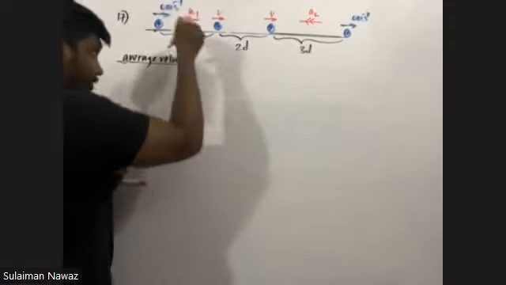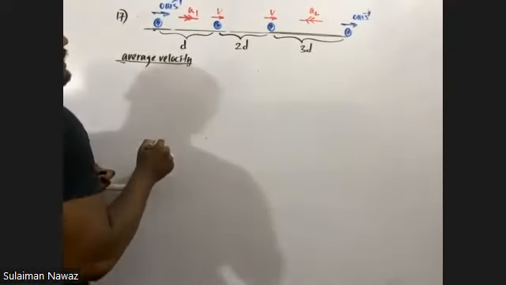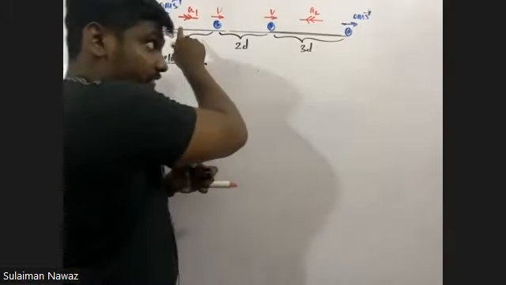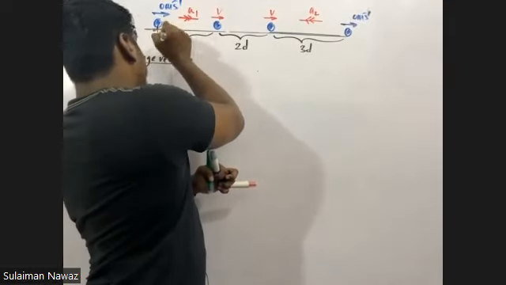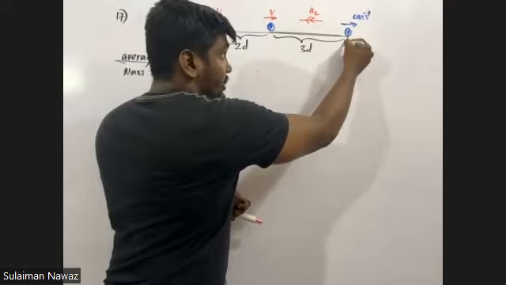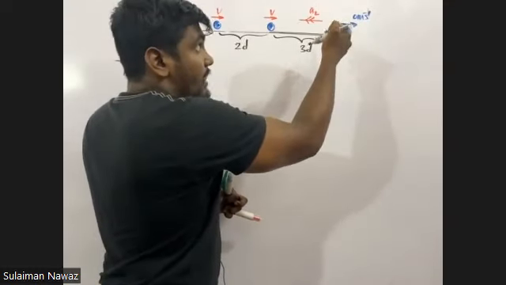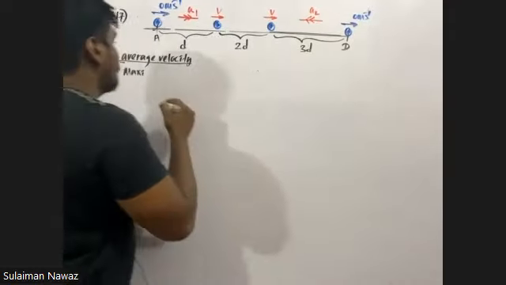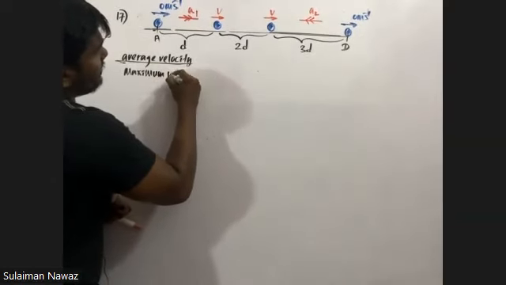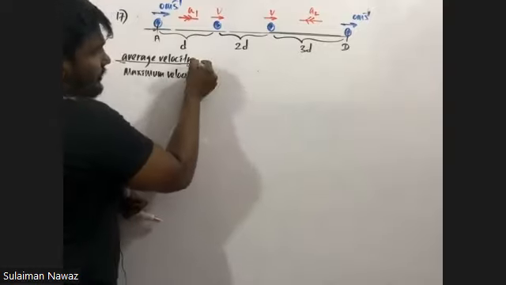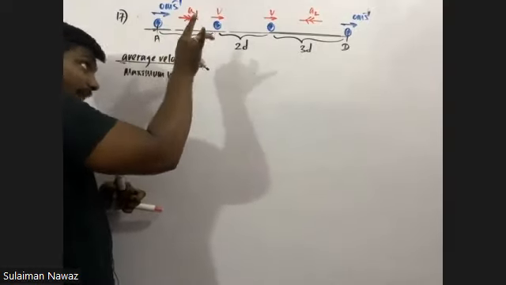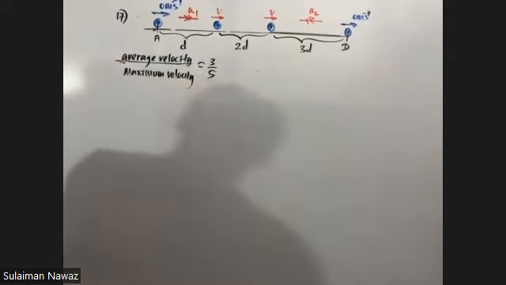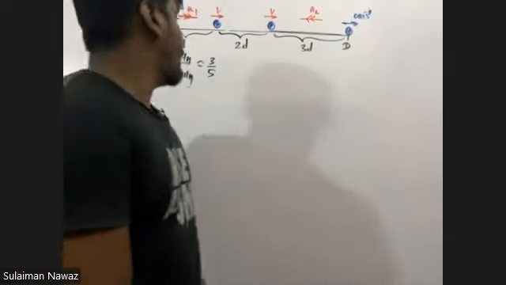When you divide the average velocity of this entire motion, from point A to point D, by the maximum velocity, your answer must be 3 over 5. This is what you want to prove.